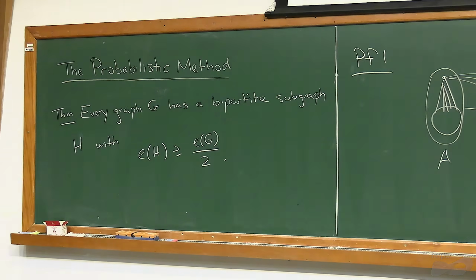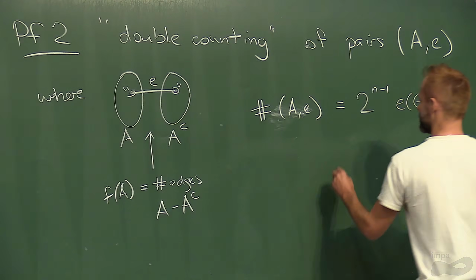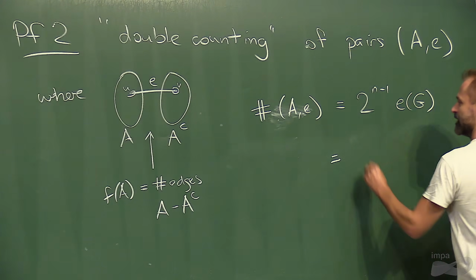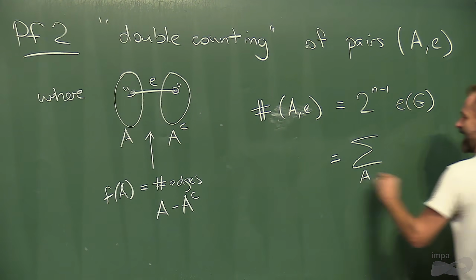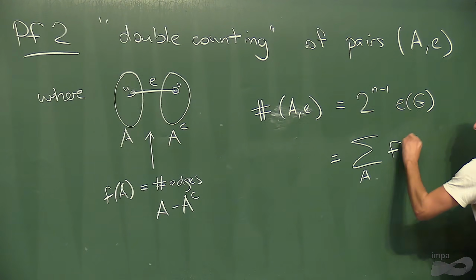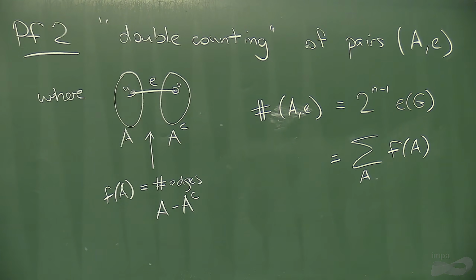So that's the same thing as the sum over sets A of f of A. For each set, you want to count all the edges between. That's what I called f of A. We would like there to be a single choice of A such that it's bigger than a half.